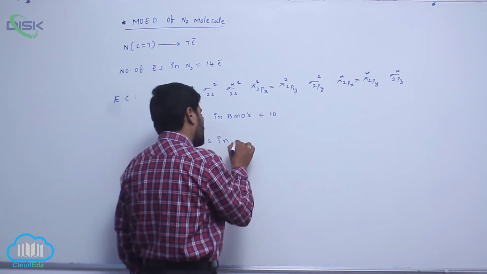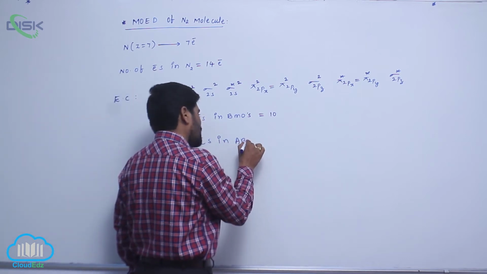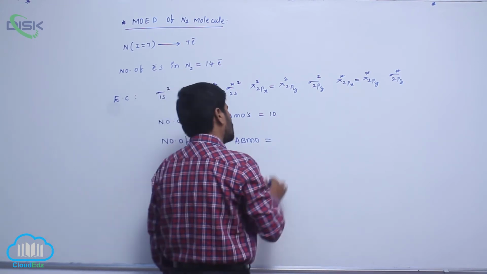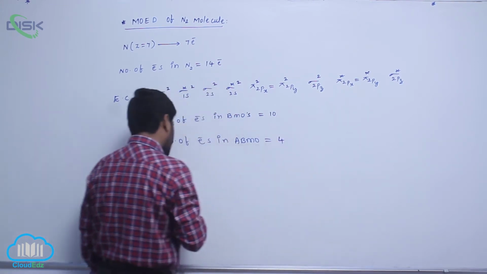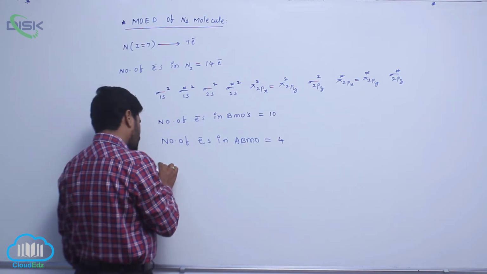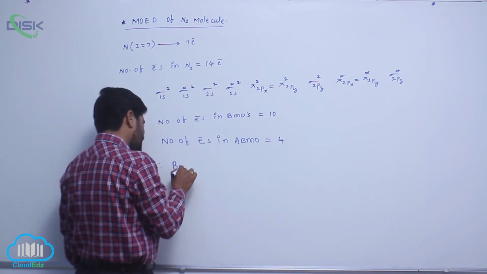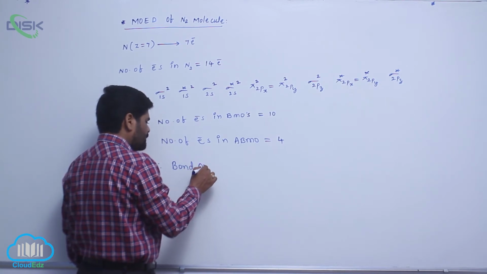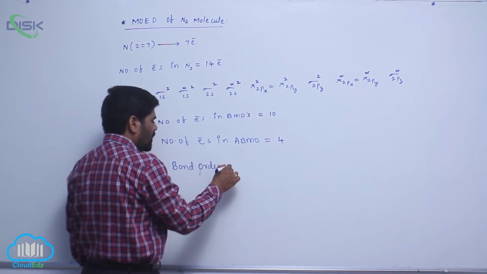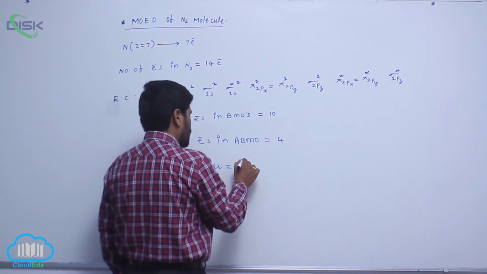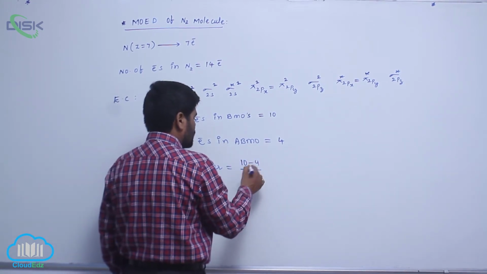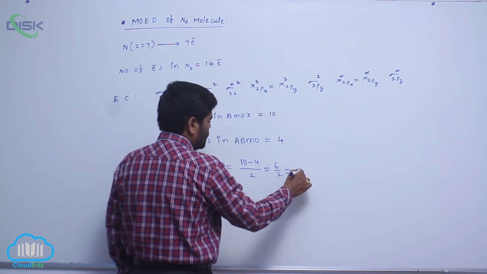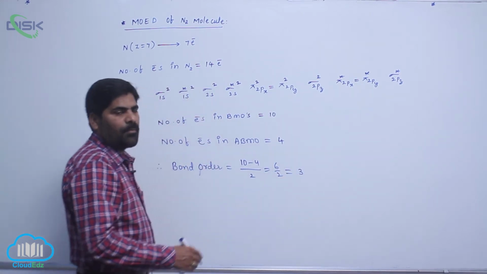The number of electrons in the anti-bonding molecular orbitals, ABMO, is 4 electrons. So bond order equals 10 minus 4 by 2, which is 6 by 2, that is 3. It indicates a triple bond.